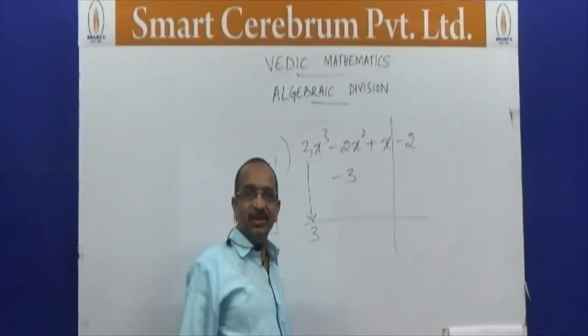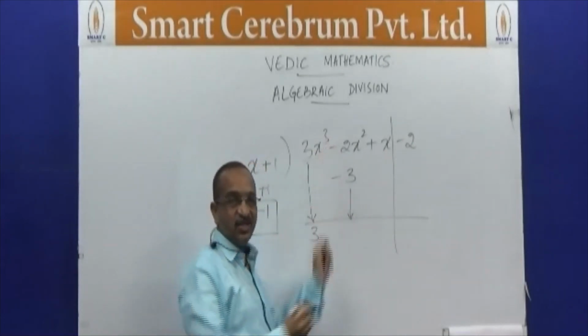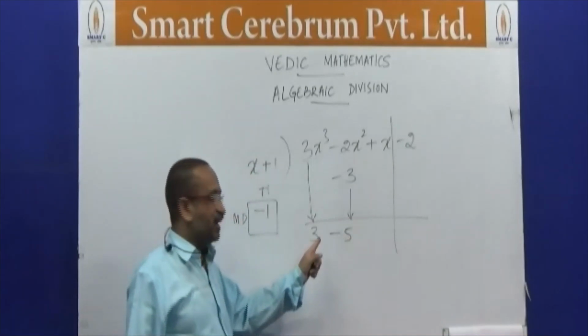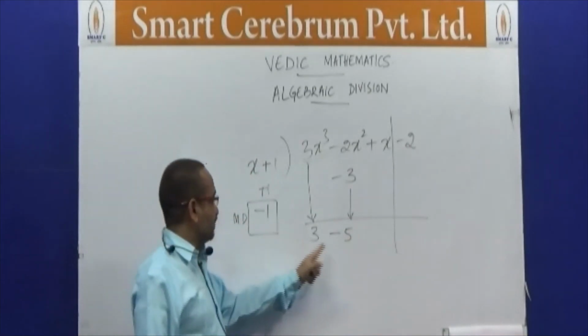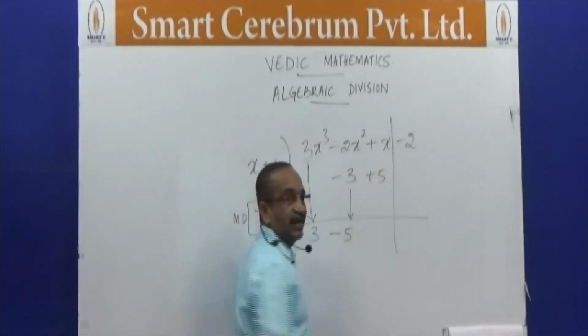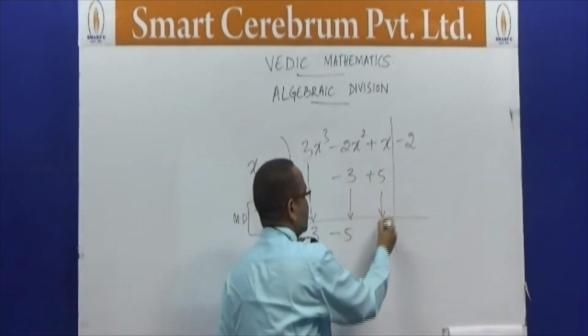Then you add them, that is minus 3 and minus 2 is minus 5. Again, multiply this minus 5 and modified divisor minus 1. That is minus 5 into minus 1 is plus 5. Again, add this. That is 5 plus 1 is 6.